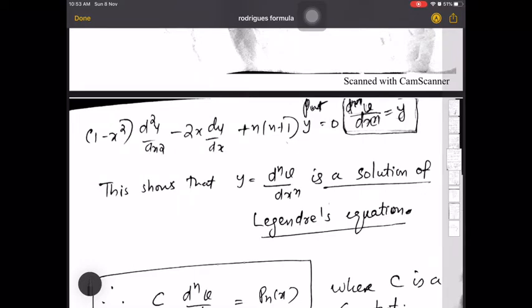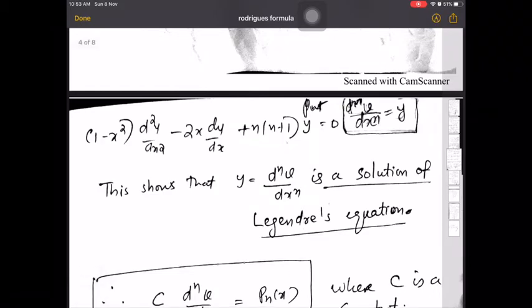And you know the y, which is equal to d raised to n v by dx raised to n, is a solution of the differential equation, and the solution of the Legendre equation is Pn of x.